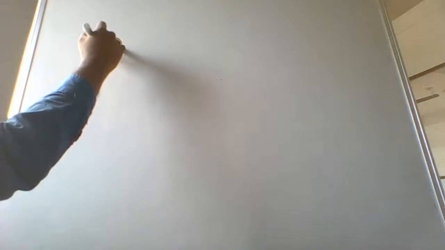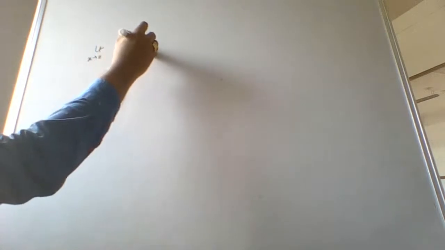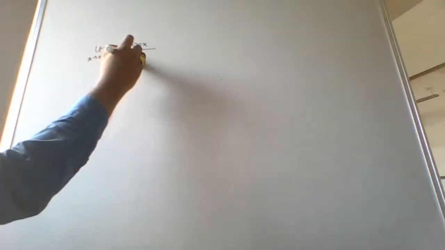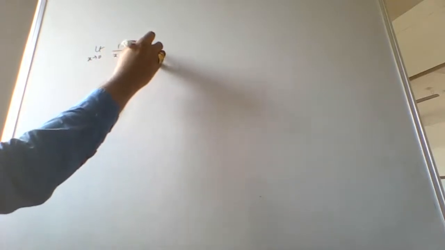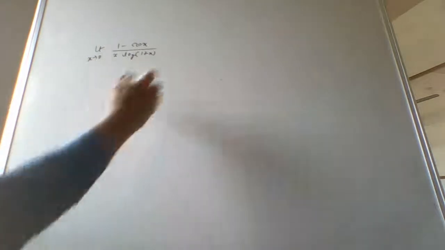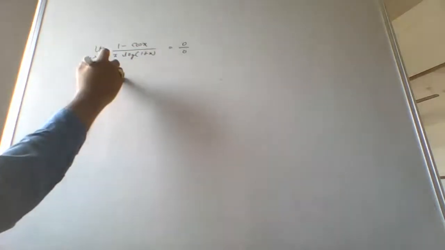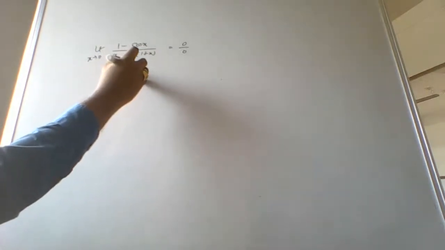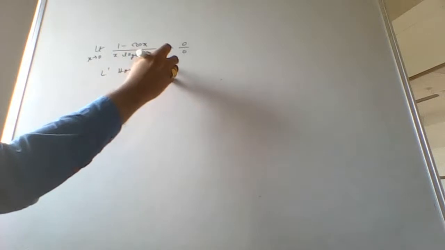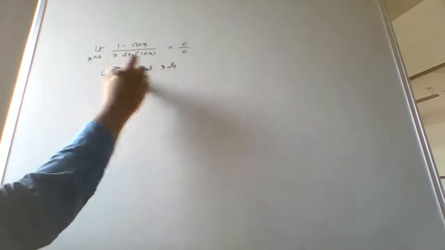Now limit x tends to 0, 1 minus cos x divided by x log of 1 plus x. Again, if I substitute x is equal to 0, I get 0 by 0 here once again. Now again using L'Hopital rule, let us apply it here.